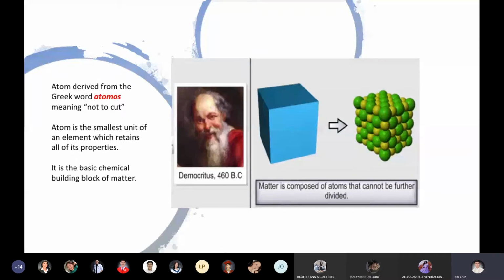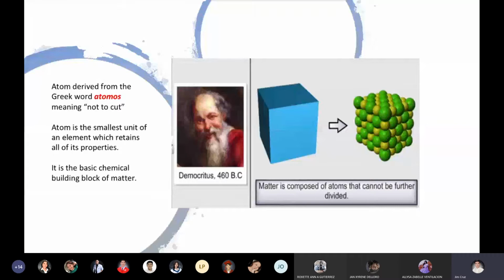According to Democritus, masyado na siya maliit, pero kaya ko pa siya hatiin. There will be a time in which when you are cutting the paper, you can no longer cut this because it is very tiny to be cut. Kaya sabi niya, the smallest particle that can exist is the atomos or the uncuttable.